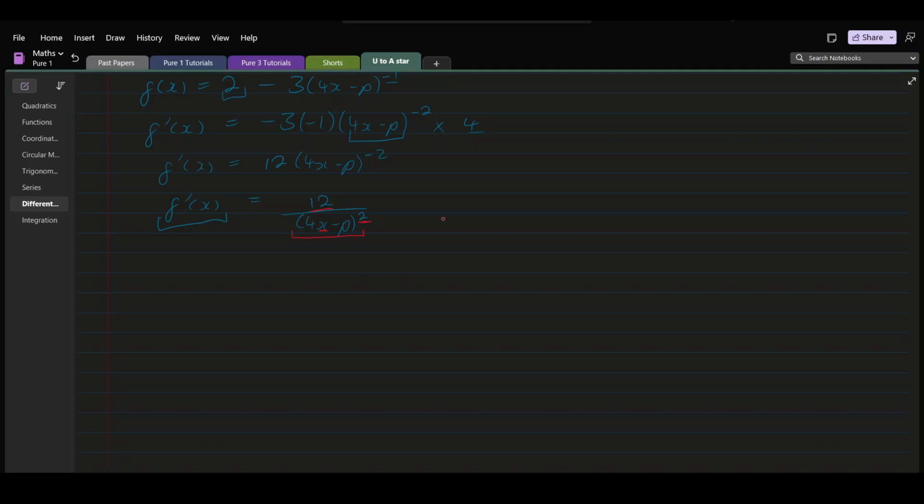So it means overall the function will always be positive, and therefore f is an increasing function. So the argument that you have to make is that f is an increasing function because the denominator is squared.